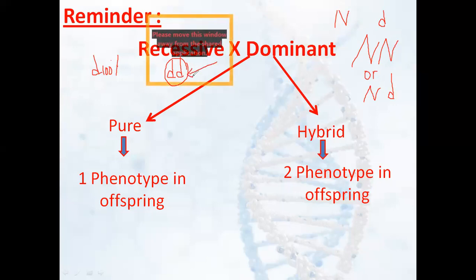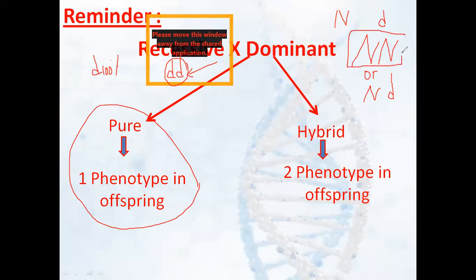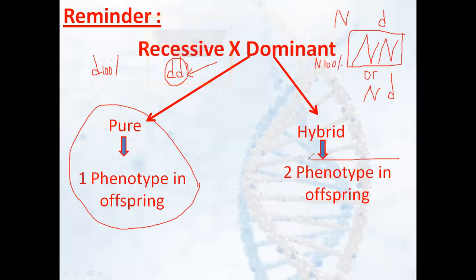We aim in this cross to determine if the dominant is homozygous or heterozygous. If it's homozygous, we will have only one phenotype in the offspring, so it should be NN. Why? Because NN gives only one type of gamete, N 100%. However, if we have two phenotypes in the offspring, the dominant should be heterozygous. Why?